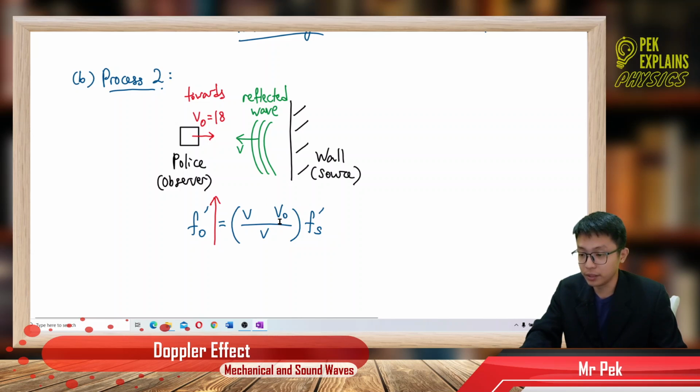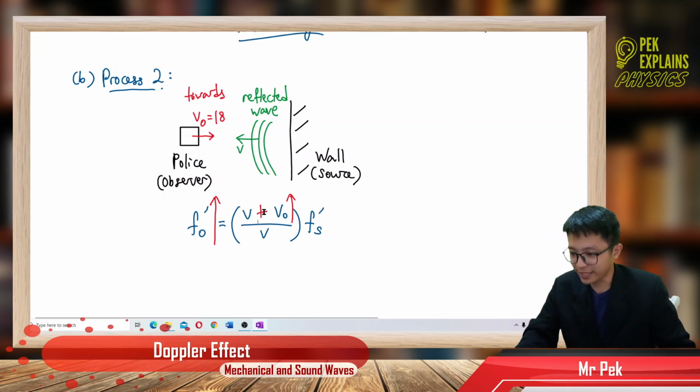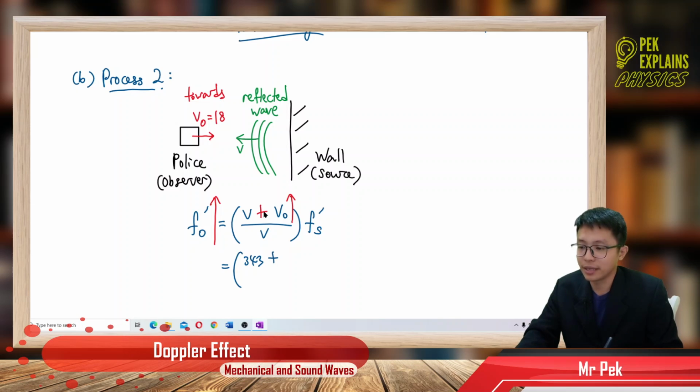So at the top you need plus or minus. If you want to increase the frequency, the top must become bigger, so we plus. That's how easy it is. So now 343 plus 18, which is the velocity of the observer, over 343.